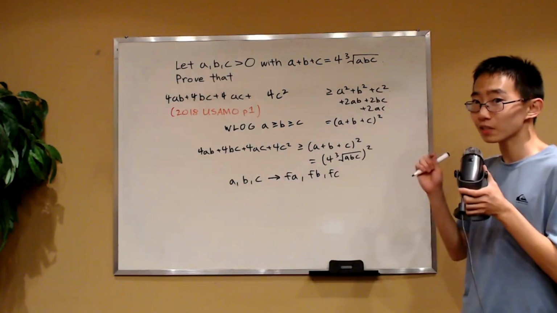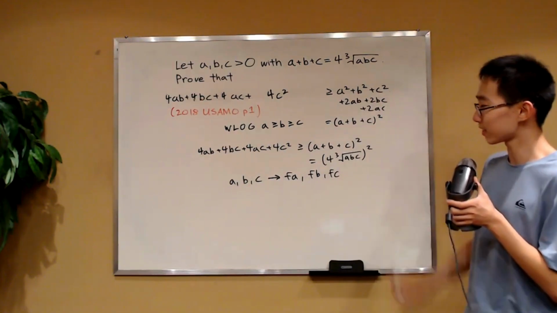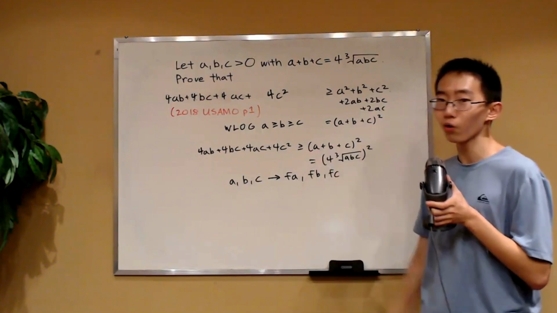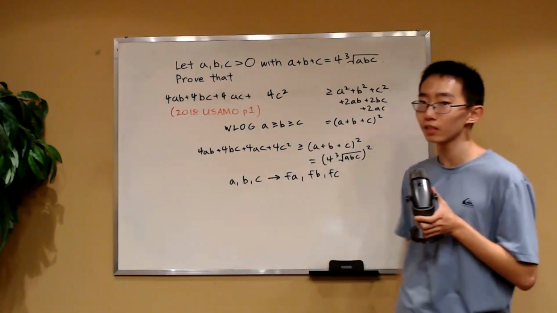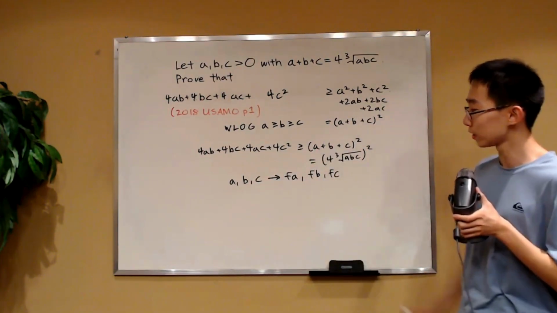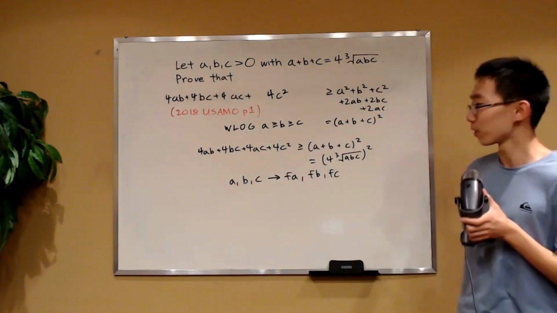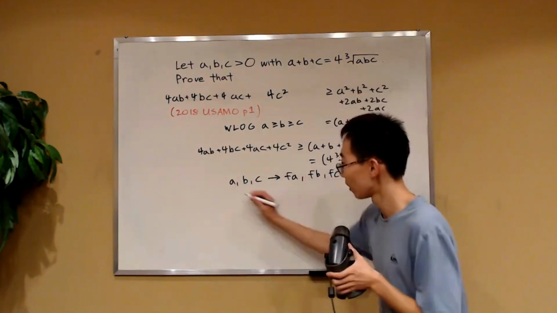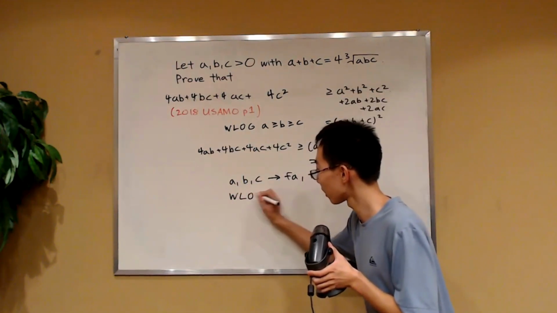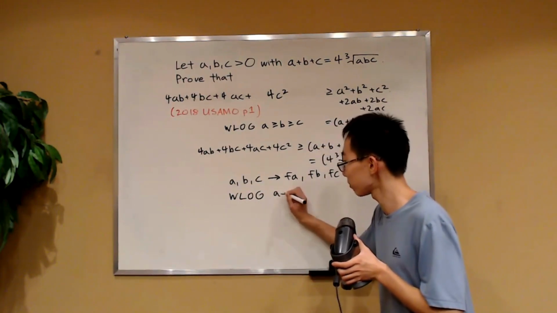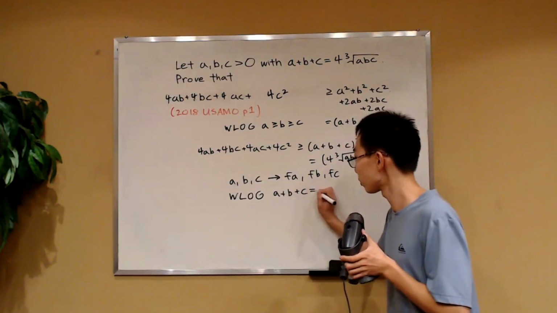Now, what does that mean? Well, it means that if this inequality holds for some choice of a, b, and c, then it must also hold for any scaled version of a, b, and c as well. In particular, this would actually mean that we can, without loss of generality, set a plus b plus c equal to 1.